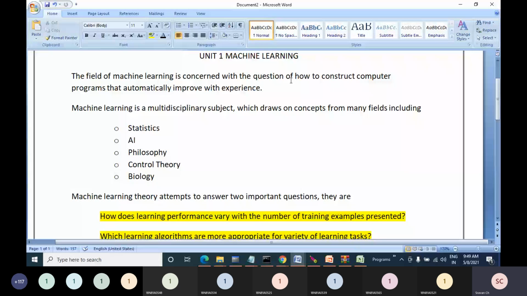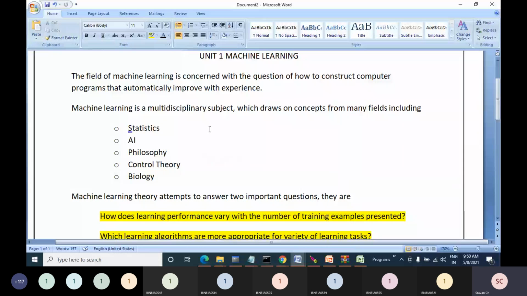Now, another important statement: machine learning is a multidisciplinary subject which draws on concepts from many fields, including statistics, AI, philosophy, control theory, and biology.